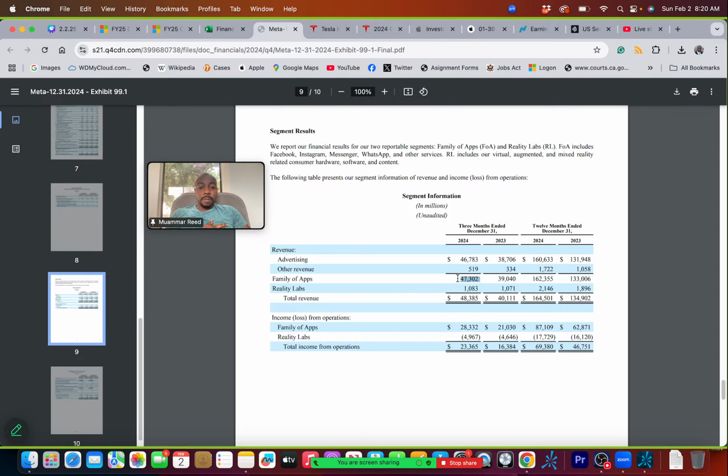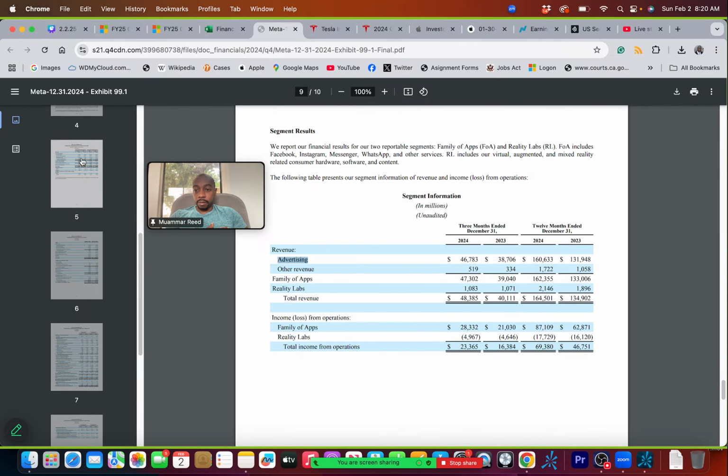So their apps are making them a ton of money, and then they have Reality Labs as well, and I think these are the goggles or the glasses and things of that nature. But as you see, out of this 48.3 billion in revenue, only 1 billion is the hardware stuff. So they're trying to build this business to be their second vertical, but if we're really looking at Facebook, honestly, they really only have one true vertical, and that's the ads that they put on all of their apps, right?